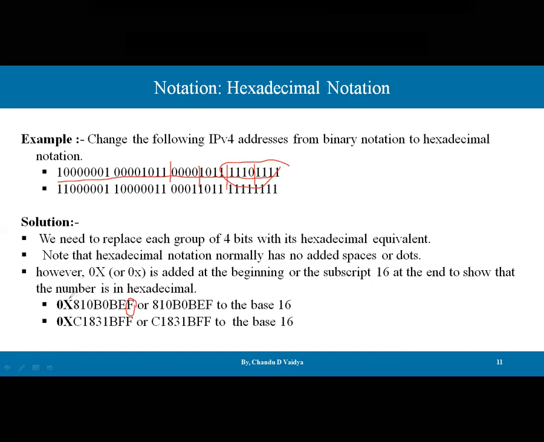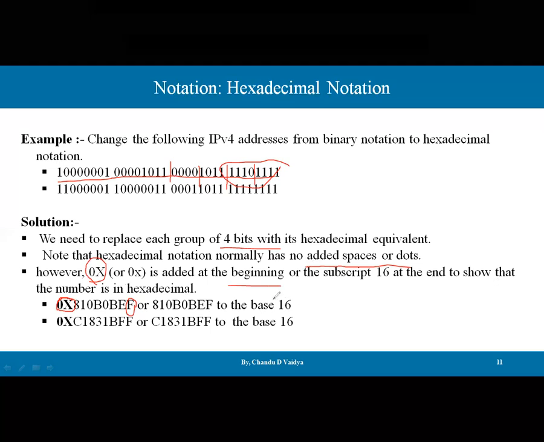But here a prefix and suffix is going to be added. We need to replace each group with its 4-bit hexadecimal value. Note that hexadecimal notation normally has no added spaces or dots. However, 0x, capital or small, is added to the beginning, or the subscript 16 at the end, to show that the number is hexadecimal.